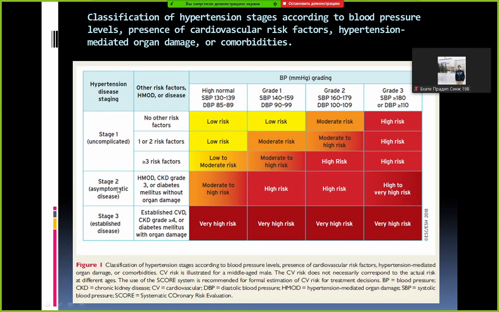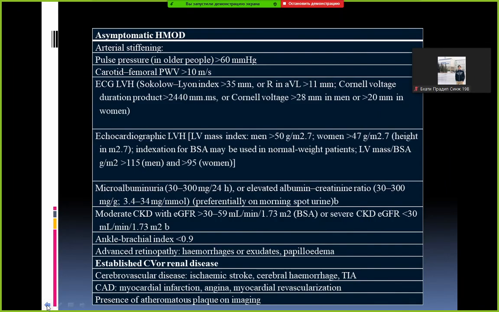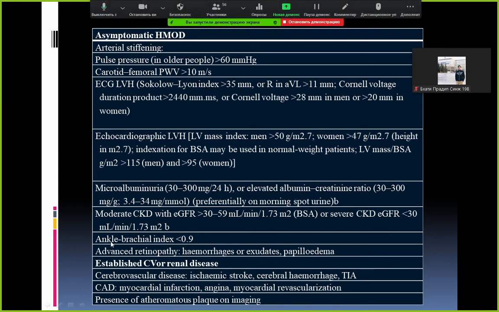Stage 2, we assess if patient has diabetes mellitus and the symptoms of target organs damage, from this table: asymptomatic organ damage, target organ damage.